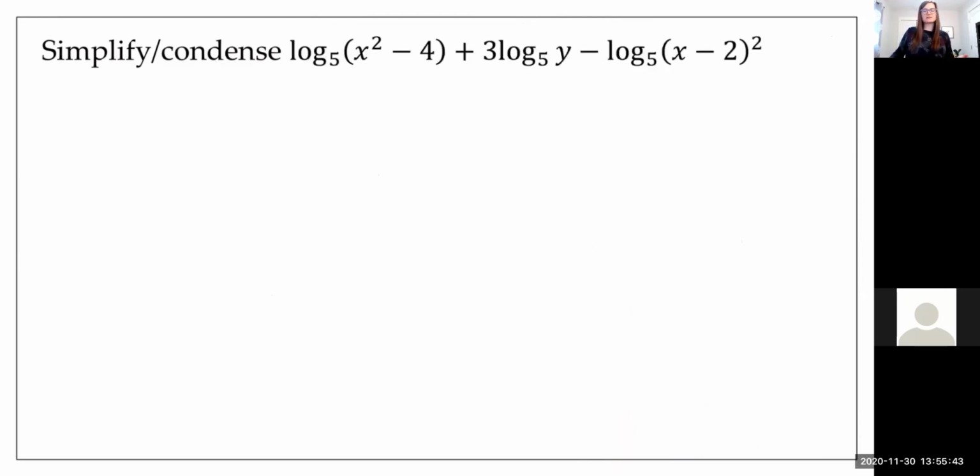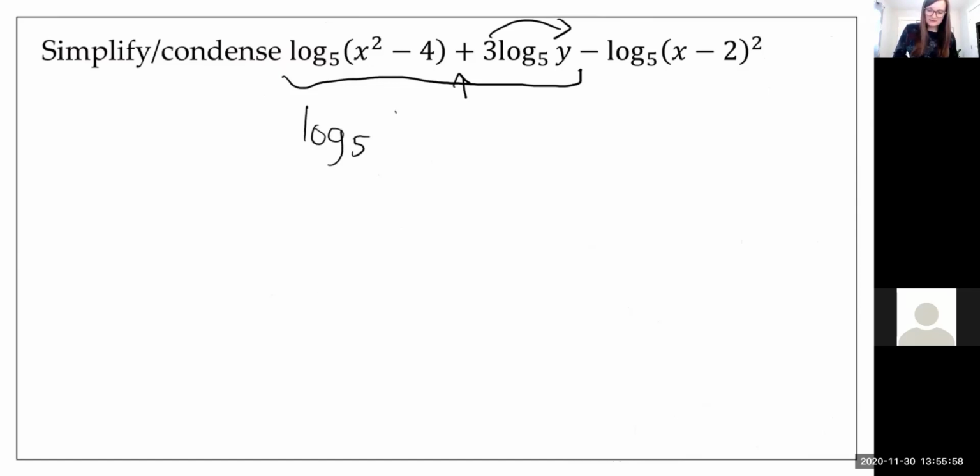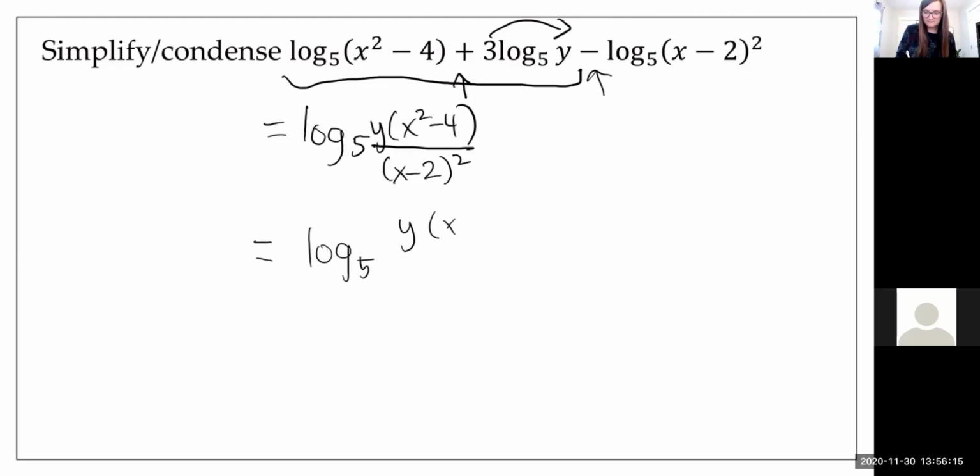Okay, so here's another one, simplify, condense. I mean, you see that this is added, so these two will come back up as an exponent. They're all log base 5, and these are going to be multiplied together, and then that's going to divide there. And because some of this can get simplified, like factoring sometimes ends up happening in here, right?